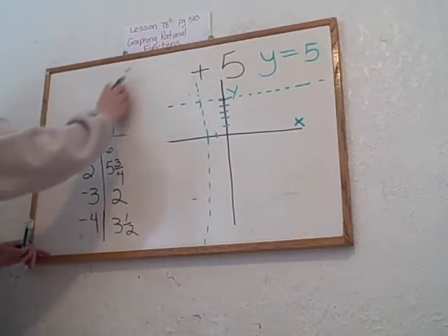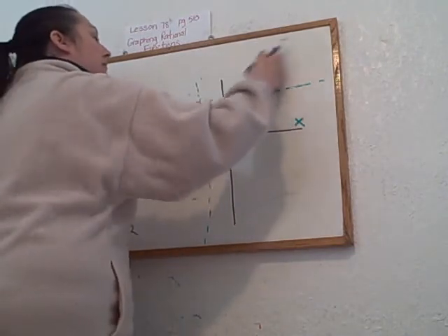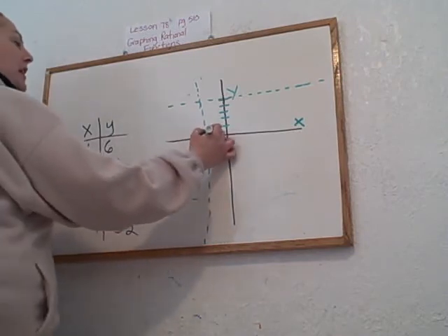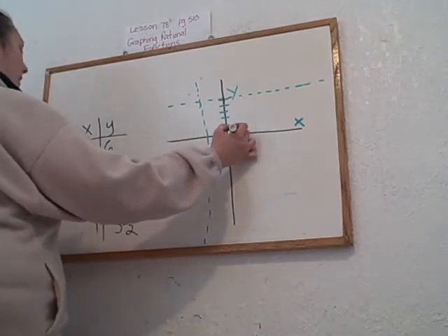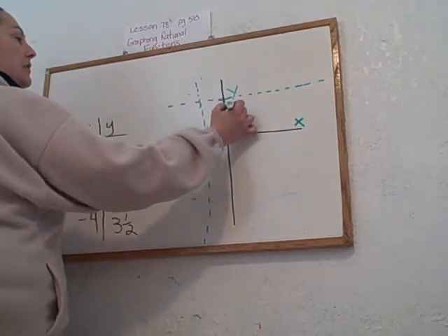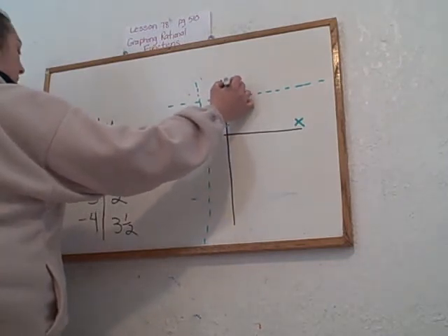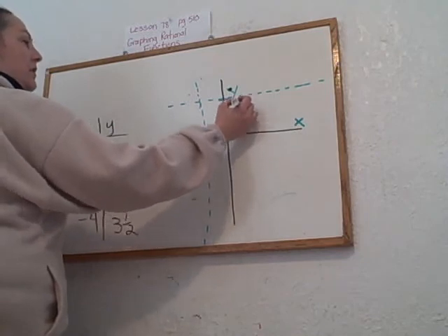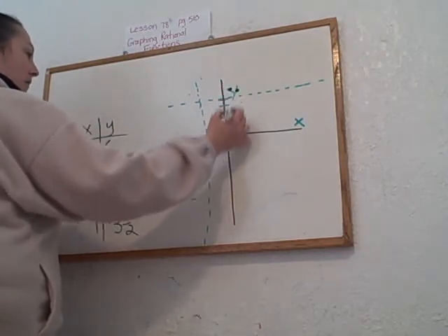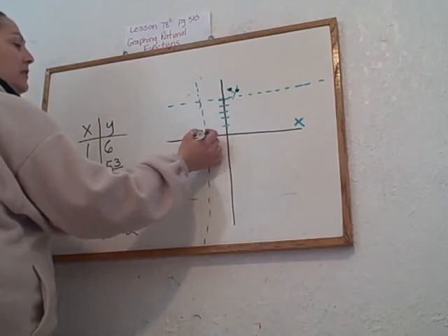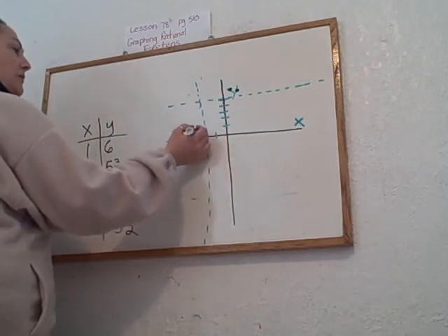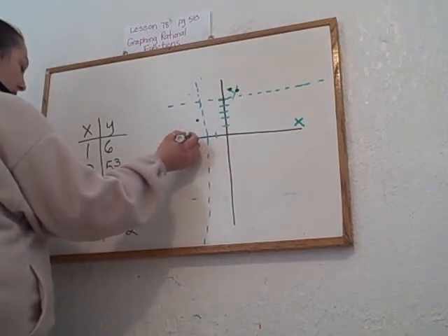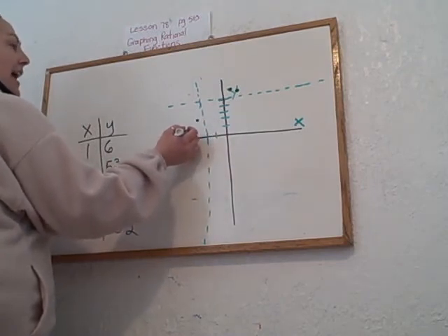Now let's graph this rational expression. 1, 6 means I go over to 1 and up 6. 2, 5 3/4. -3, over 3 to the left, up 2. -4, up 3.5.